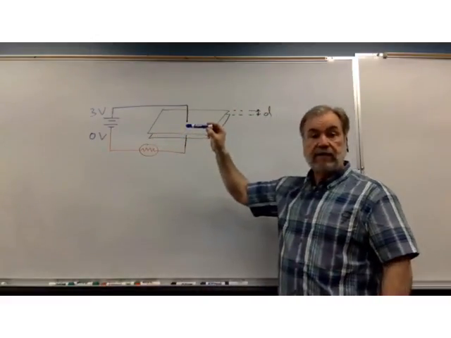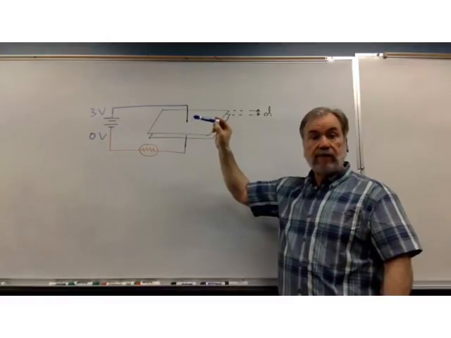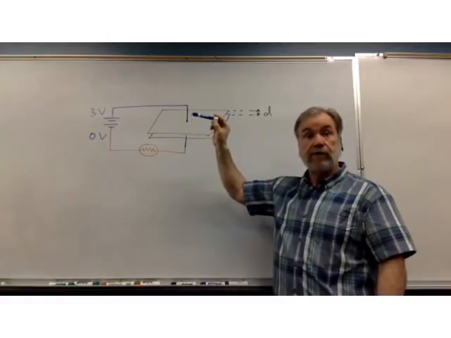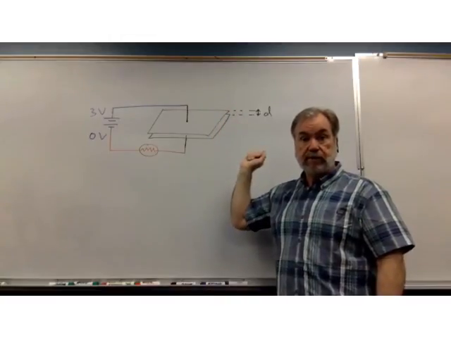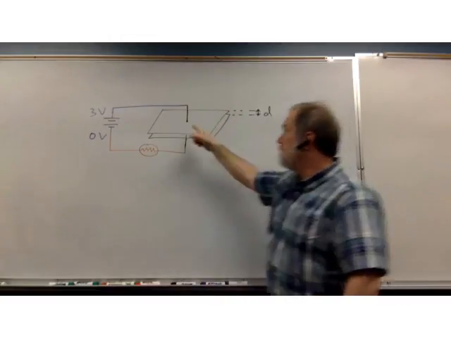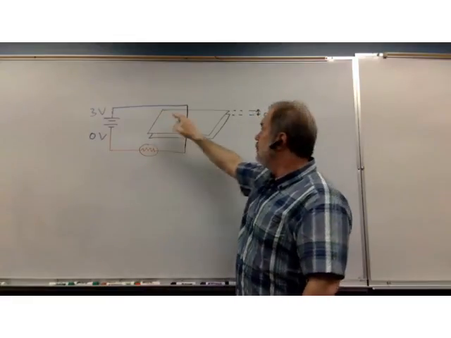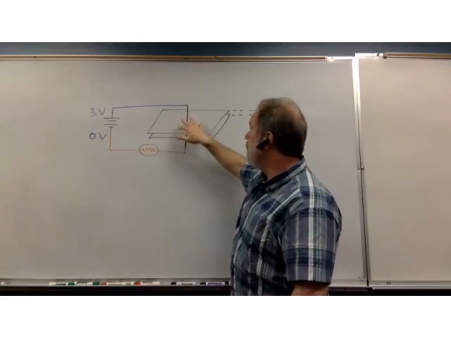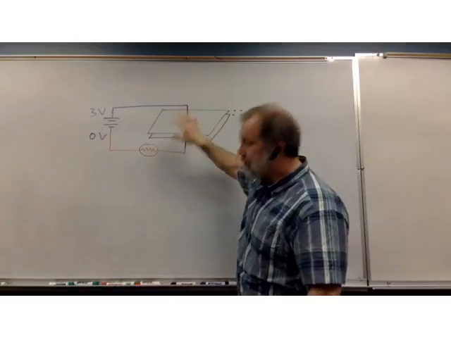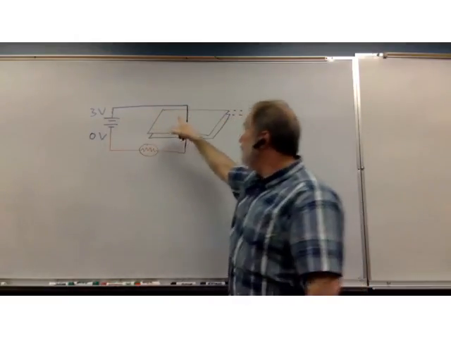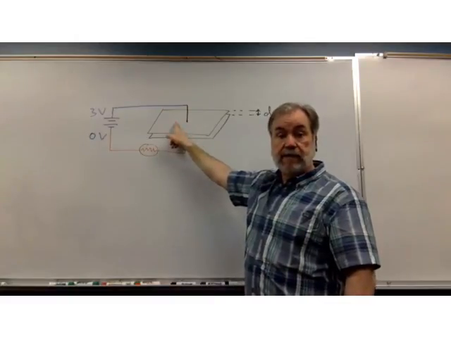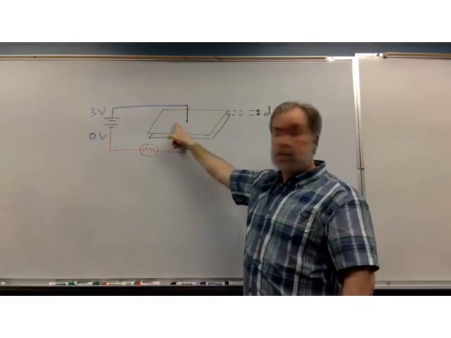This pin spontaneously falls from a location where it has a high gravitational potential energy to a location in space where it has a low gravitational potential energy. Exactly the same thing is true of the charges. There are positive charges on this top plate. When we attach it to the battery, they suddenly get placed at a potential of 3 volts.